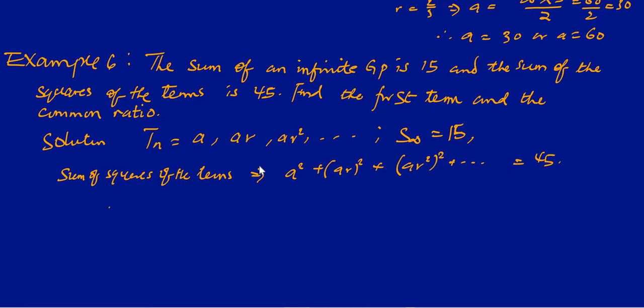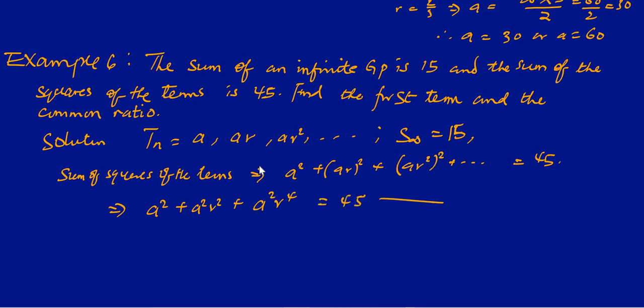So this implies that A squared plus A squared R squared plus A squared R to the power of 4 is equal to 45.